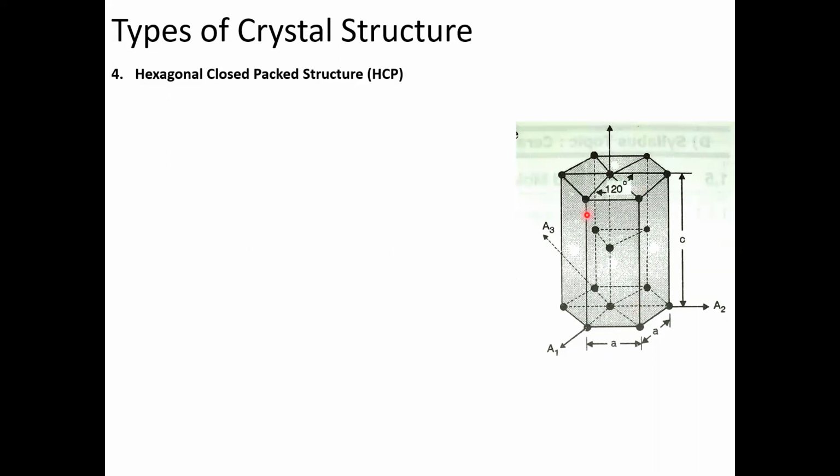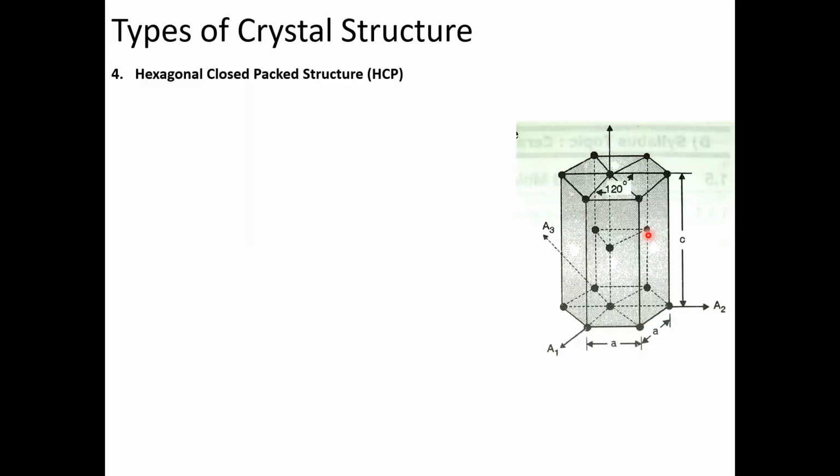Okay, so in the hexagonal crystal system, it has what? 6 corner atoms on top, 6 corner atoms at the bottom, and 2 center atoms are there. And here 3 internal atoms are there. Okay, so do you understand this hexagonal crystal system? Any doubt in this hexagonal crystal system?